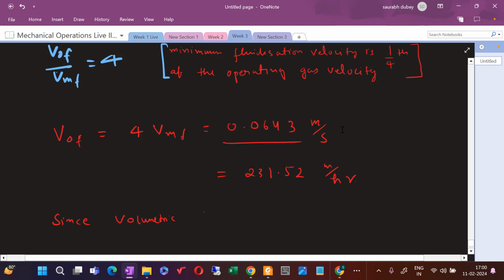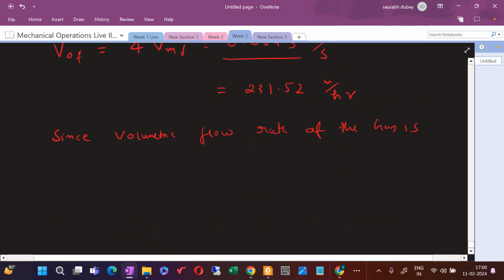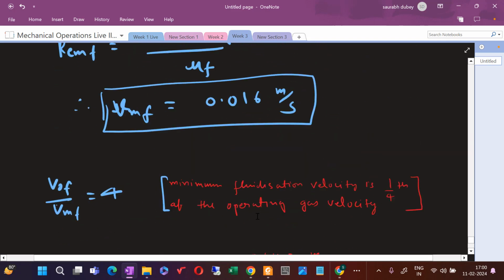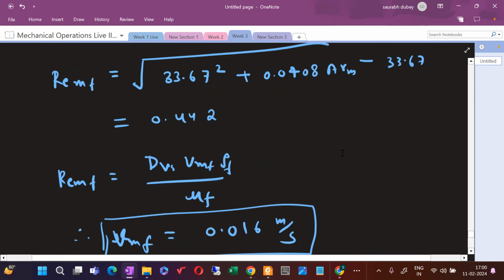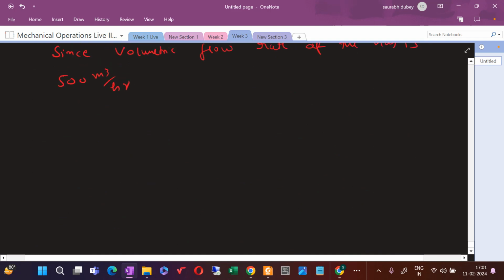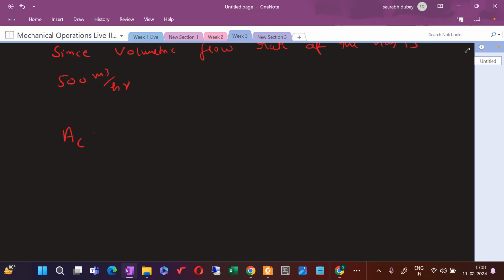Since the volumetric flow rate of the gas is 500 meter cube per hour, as you see, it was given in the question, the area could be calculated as 500 divided by 231.52. This was meter per hour and this was meter cube per hour. From here you will calculate the diameter of the fluidizer.